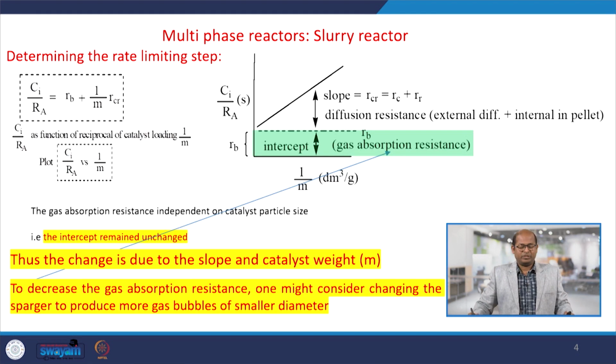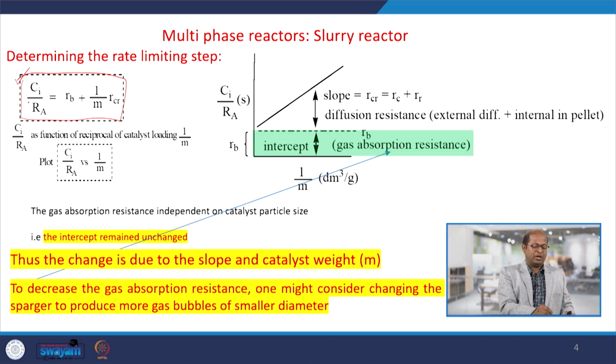Once we found the rate of the individual steps, at steady state we considered all the rates to be equal, and based on that we derived these equations in the previous class. Ci is the interface concentration of component A, at the bubble and liquid interface.